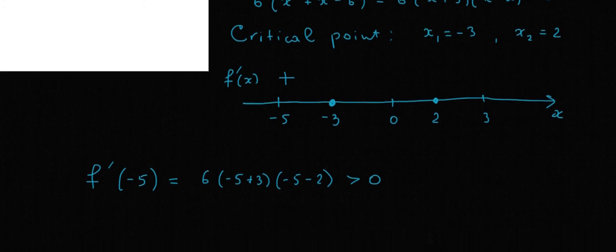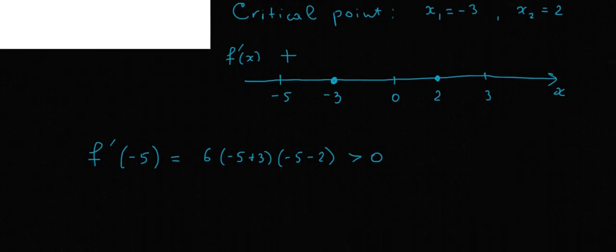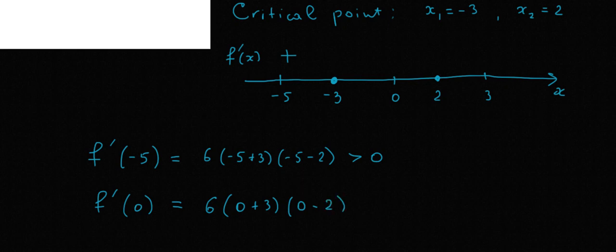Now we determine the signs of our derivative at all remaining test points. For example, if we use 0 for x, we're going to get 6 times 0 plus 3 times 0 minus 2. Now you see that the first factor in this product is positive, second is positive as well, but the third one is negative, and so the result is negative, and we have negative values for our derivative on the second segment.